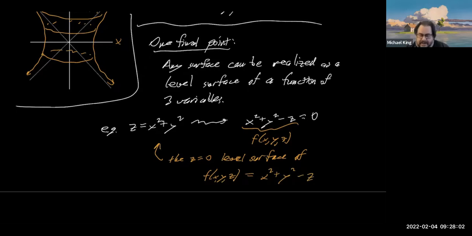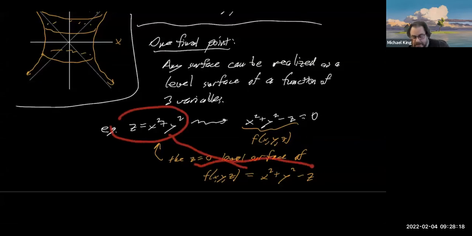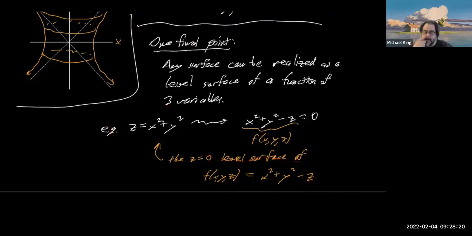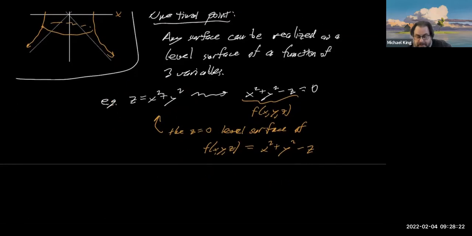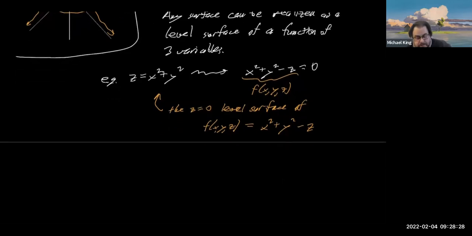So you can go back and forth between level surfaces and just surfaces. It's going to be useful sometimes to think of this thing as a level surface of this function instead. I think I mentioned this last class. In fact, we can do that for any function, because you can always just subtract the z over.